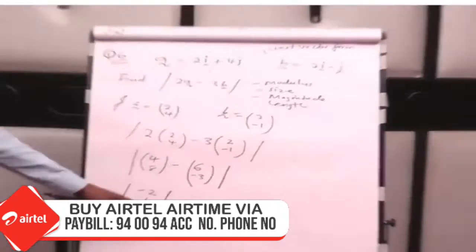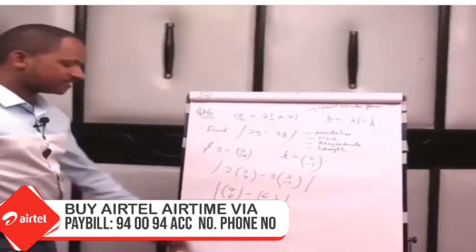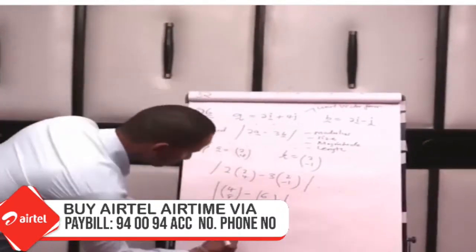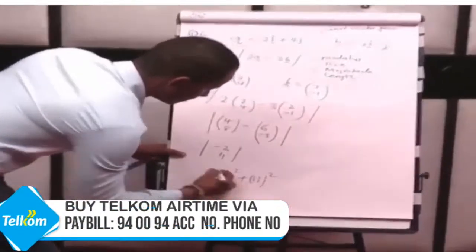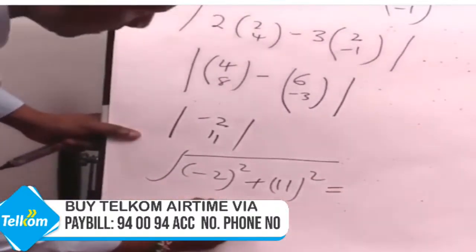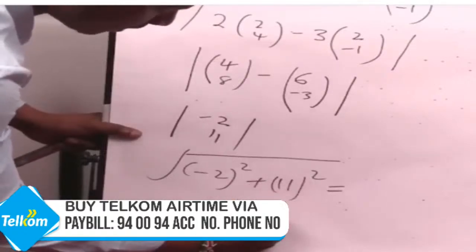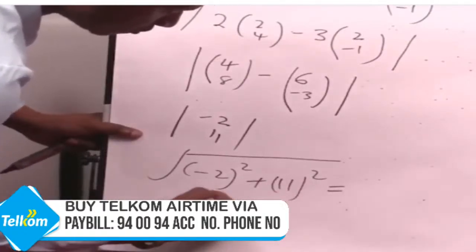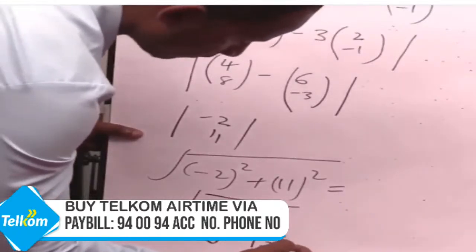So when you are told to find this, you've simplified from here to here. This means the modulus or the size. It means minus 2 squared plus 11 squared, into the square root, to get the size. So minus 2 squared is 4, plus 11 squared is 121, into the square root, which is the square root of 125.